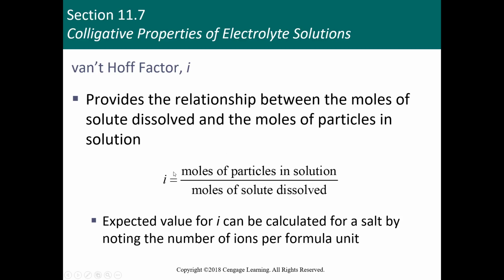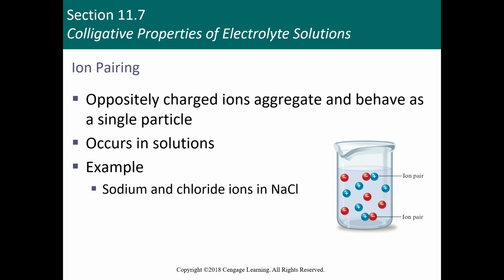So your Van't Hoff factor is just the number of particles for every formula unit of your solute, or the moles of the particles in solution per moles of solute dissolved. The expected value for i can be calculated for salts by just noting the number of ions per formula unit, and so salts are very, very easy to do.